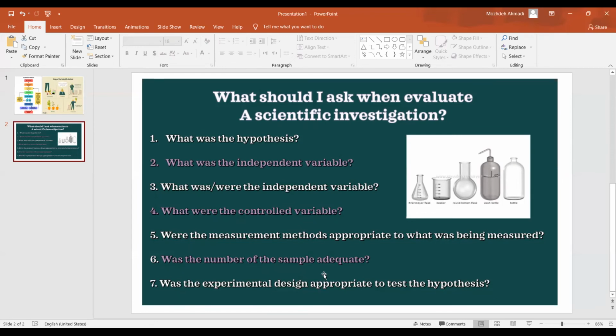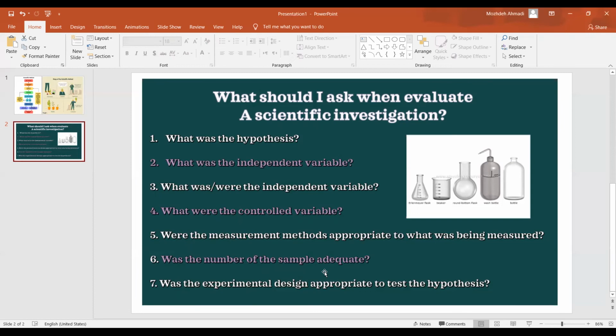Okay, and the next one is, was the number of the sample adequate? What do we mean? It means that do we have enough samples to represent a general population?